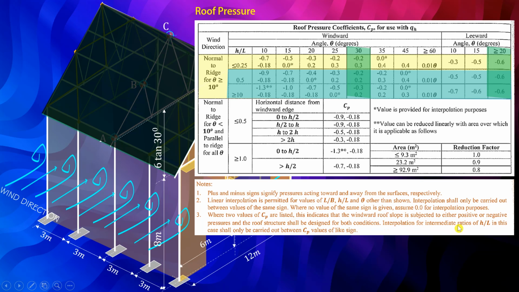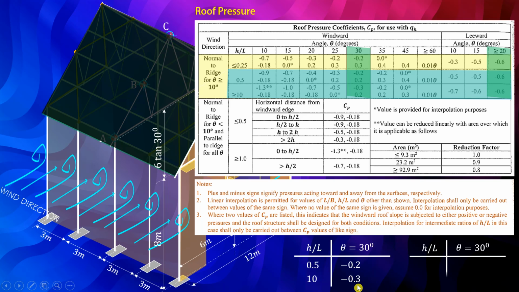So if I am considering negative 0.2, the one paired with it is negative 0.3, or if 0.2, then the one paired with it is also 0.2. Anyway, this is the one I will take.